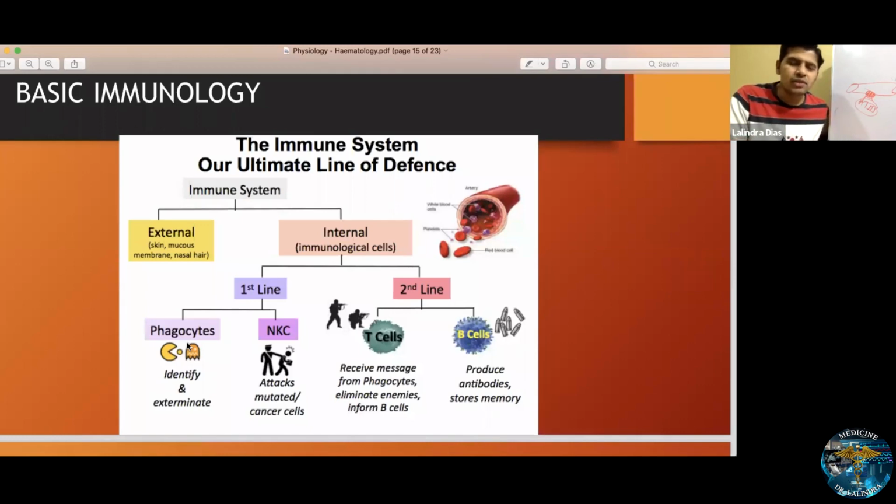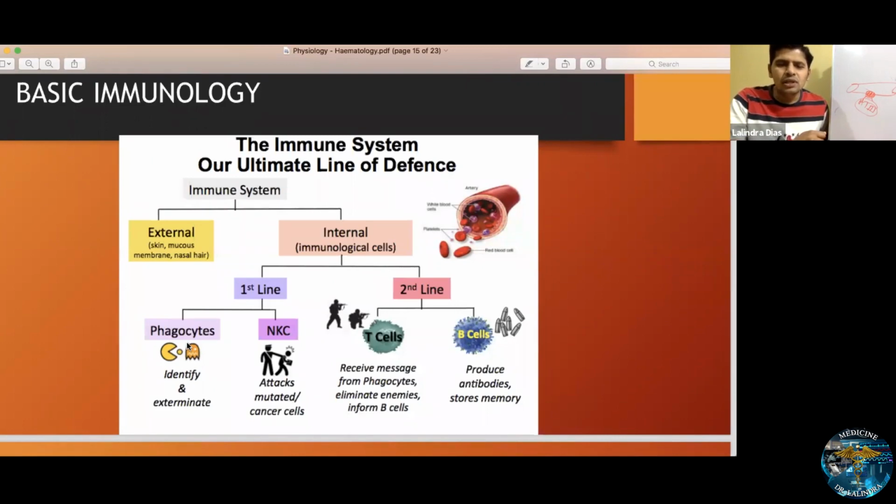So what do you mean by phagocytosis? If this is the neutrophil or the macrophage, and this is the outside bacteria, it comes to the cell, and then the cell will go and engulf that. That's called phagocytosis. Identify and exterminate.